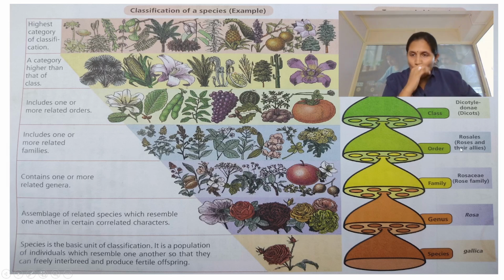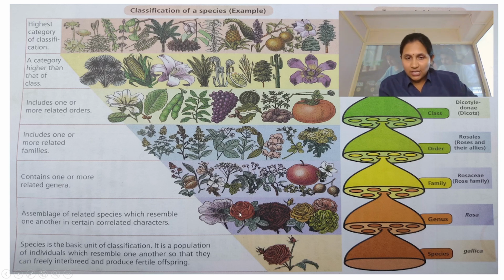Rosales holds all the roses and allies which are very similar, and holds one or more families. Next, again it is cut down. Next we have family here, that is Rosaceae. This includes anything which belongs to the rose family. Again cut down. And then we see genus, and lastly species.